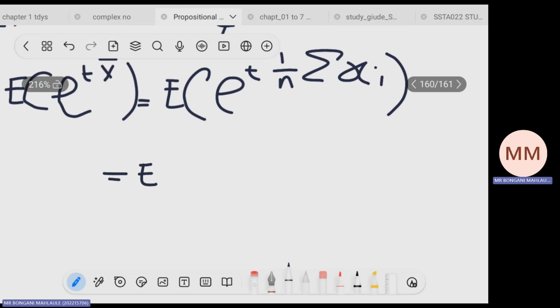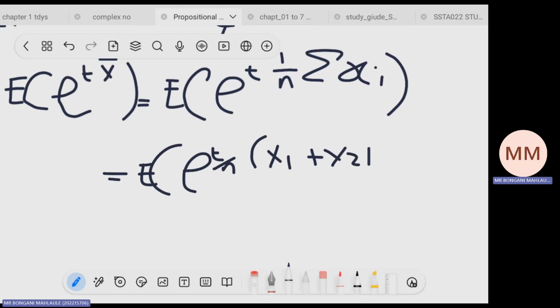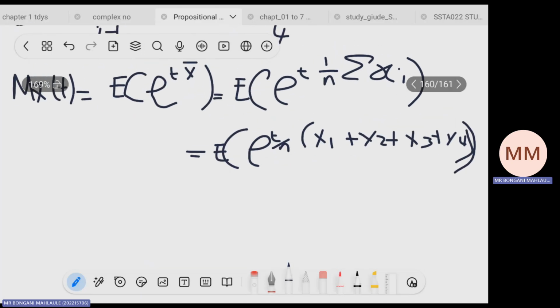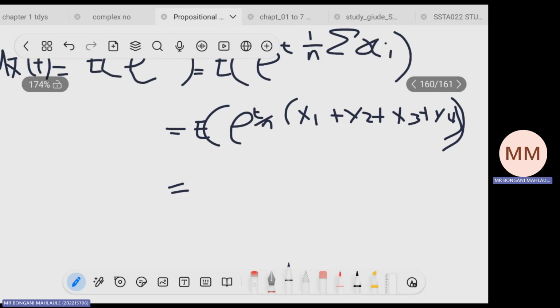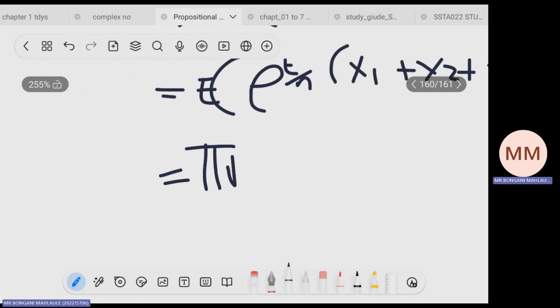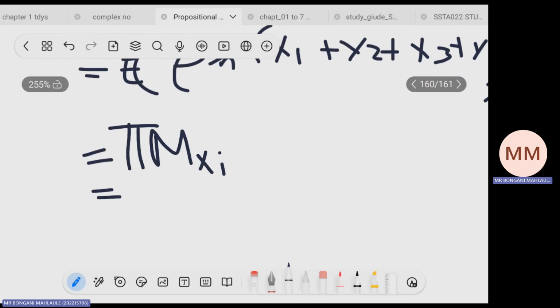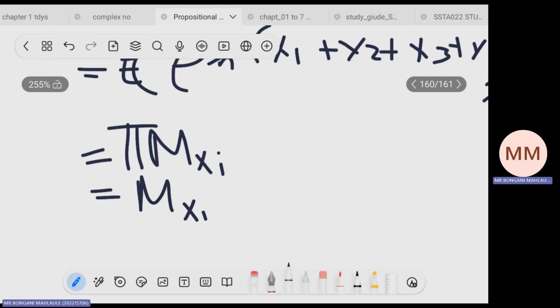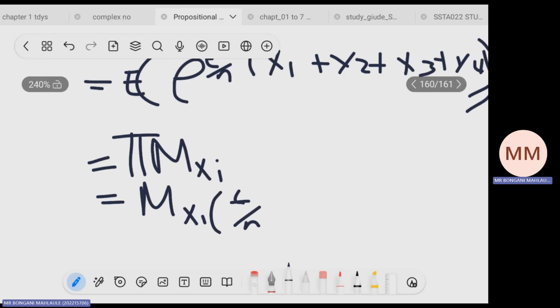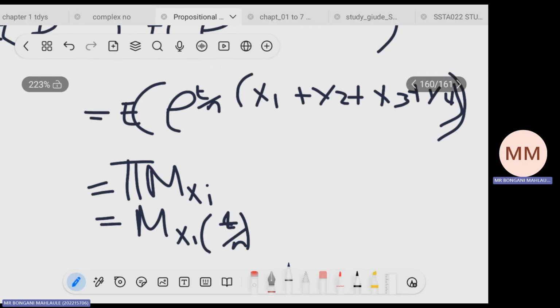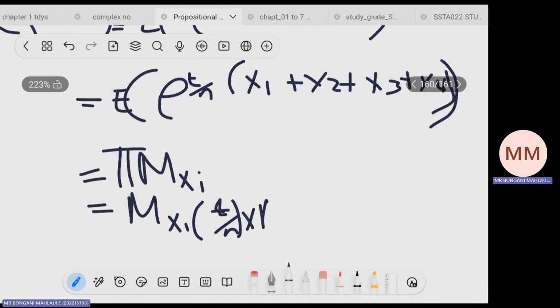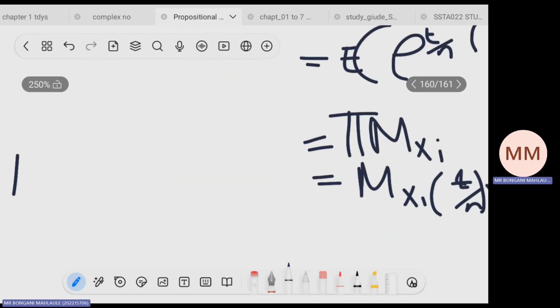Then you say the expected of Euler to t over n times x1 plus x2 plus x3 plus x4. Now, here you're going to change this to be the product of the mxi's. So you'll have mx1 t over n by the MGF definition times mx2 t over n. So xi is independent.